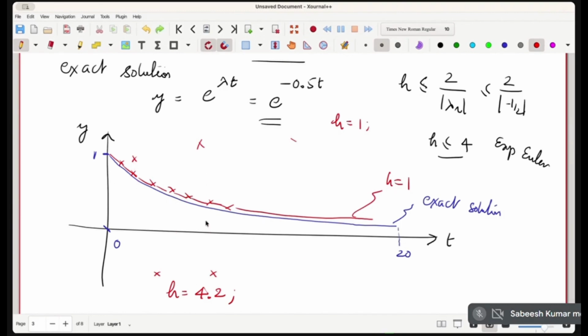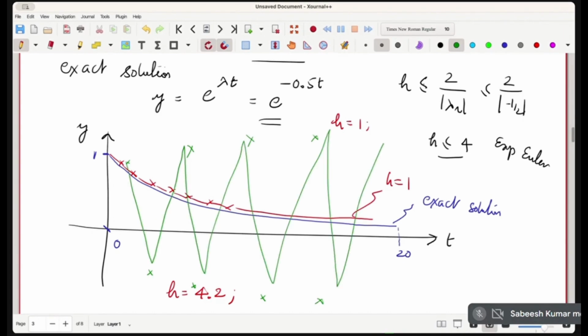I should have drawn this in a different color. Your solution is going to oscillate, because 1 plus lambda h is now changing its sign, right? It is negative. So you're going to see something like this.